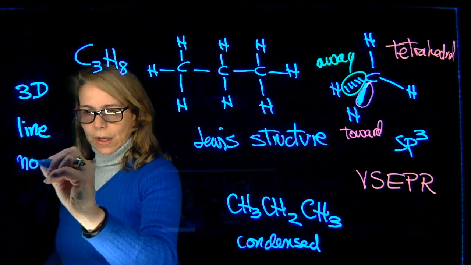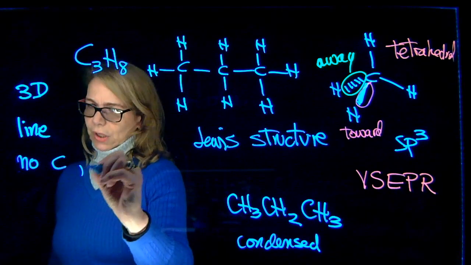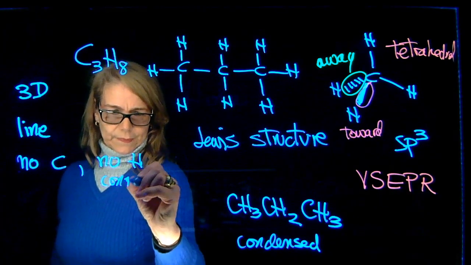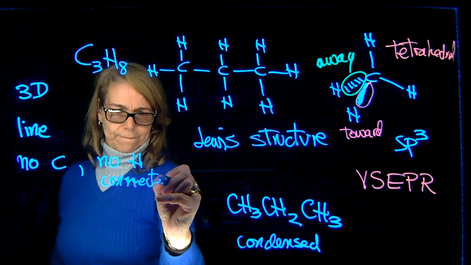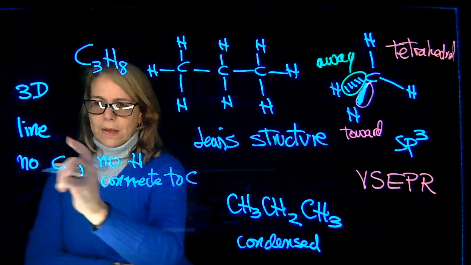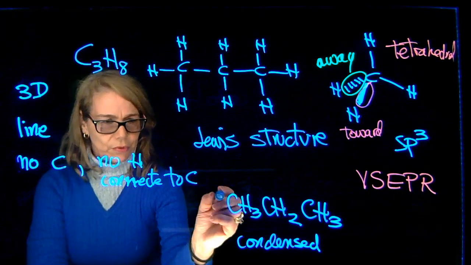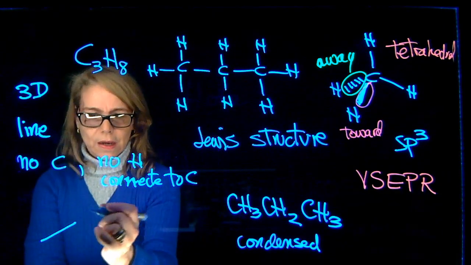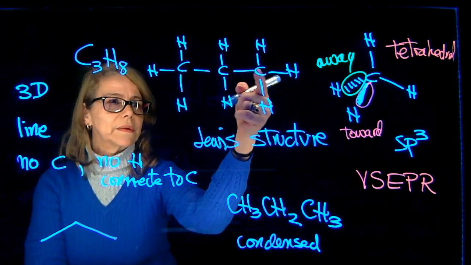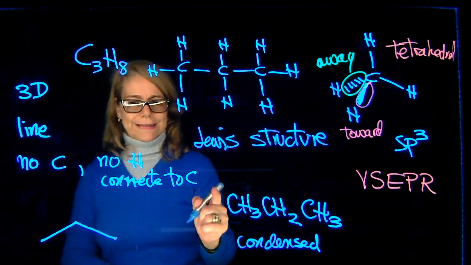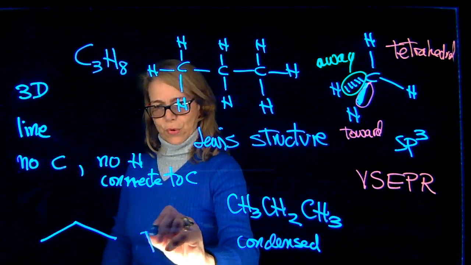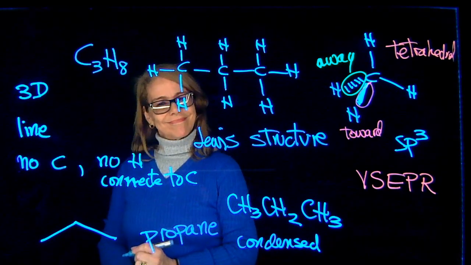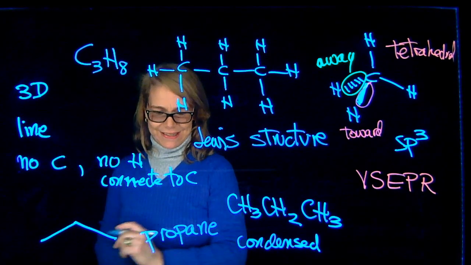So we're not going to draw a C, and we're not going to draw an H connected to a C. So we're drawing one line here to represent this bond and another line to represent the other one. And that's it. That is the line structure for propane. Okay? We're going to do more of that in our next video.